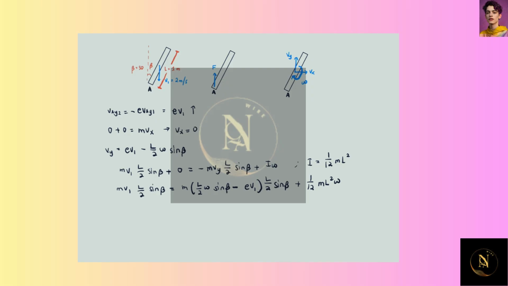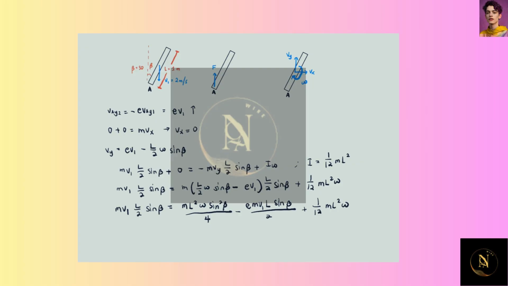Further simplifying the equation, we'll have m v1 L over 2 sine beta equals m L squared omega sine squared beta over 4 minus e m v1 L sine beta over 2 plus 1 over 12 m L squared omega.